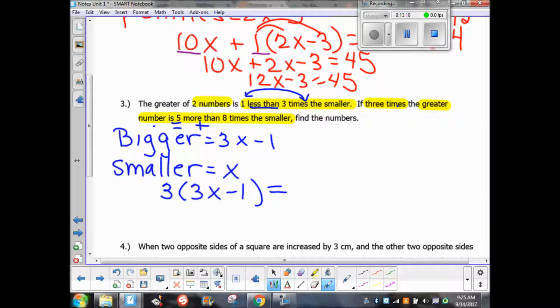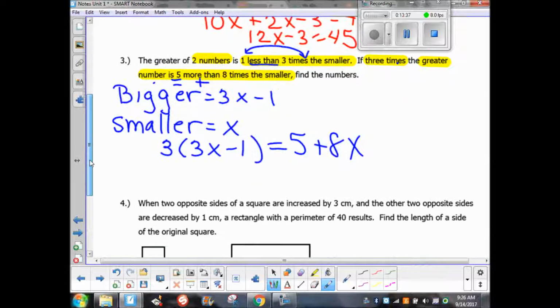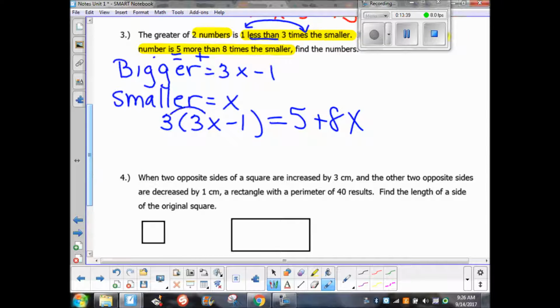Who can give me the right side of that equation? 5 plus 8x. Find the numbers. So now I've got to distribute first. 9x minus 3 equals 5 plus 8x.